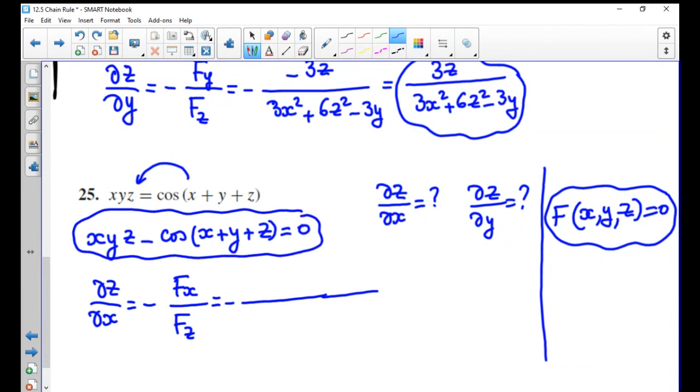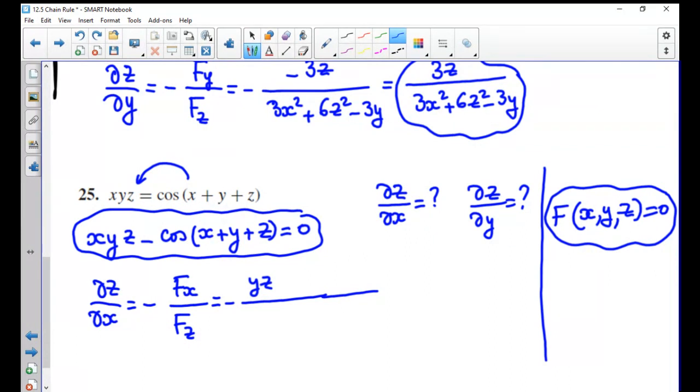It's going to give us yz, and then the derivative of cosine of x plus y plus z with respect to x. What is the derivative of the inside?